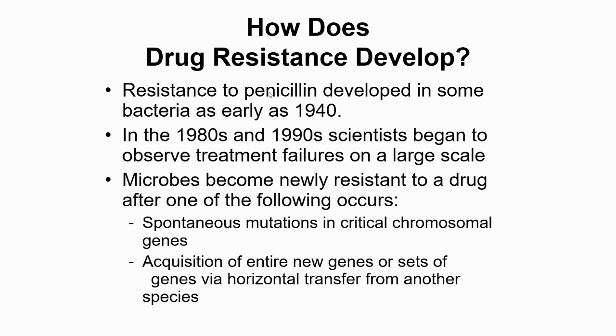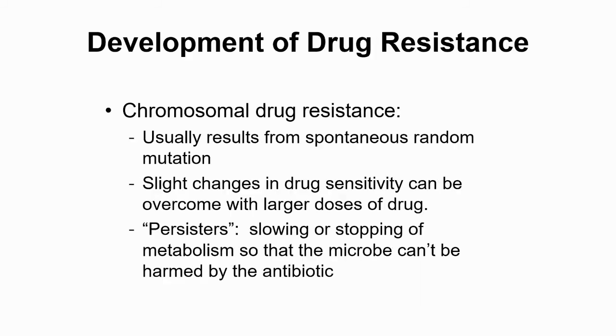We weren't very selective, just gave out penicillin like candy, so that by the 80s and 90s, scientists began to see treatment failures on a large scale. And microbes were becoming newly resistant, either because of a spontaneous mutation in some critical gene, or acquisition of new genes through horizontal transfer.